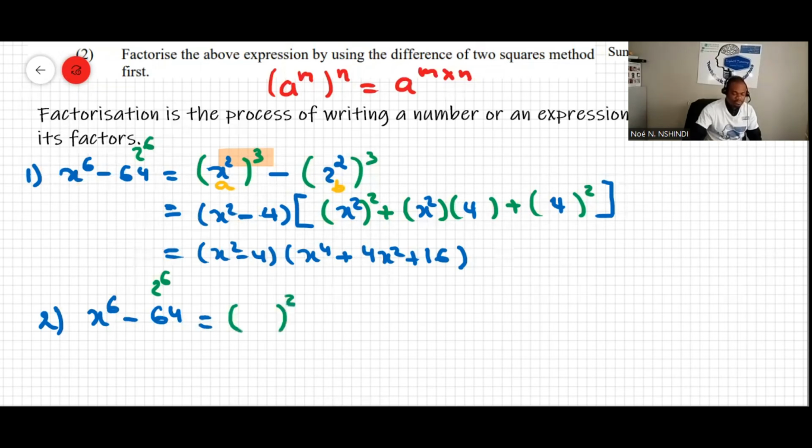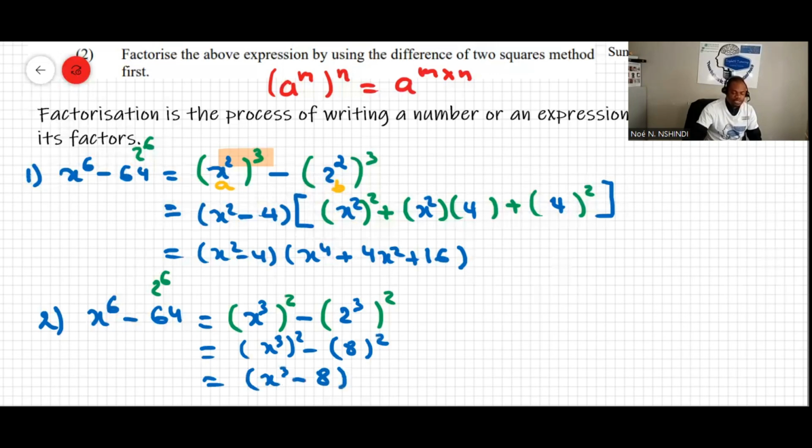Then within the bracket here, it's going to be x cubed. Over here, I'll also put the power of 2 there, and then within the bracket must be 2 to the power of 3. We know 2 to the power of 3 is just 8. So it's like x cubed to the power of 2 minus 8 to the power of 2. Now we have a squared minus b squared. So this will be x cubed minus 8, in the bracket, and then x cubed plus 8. That's the difference of 2 squares method.